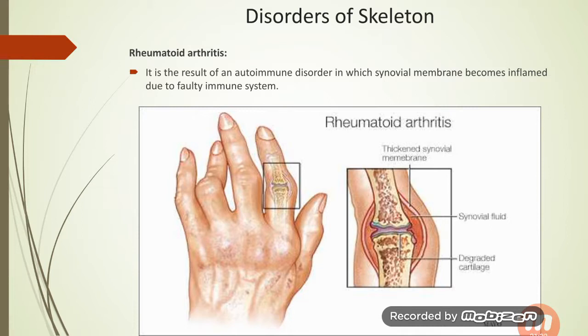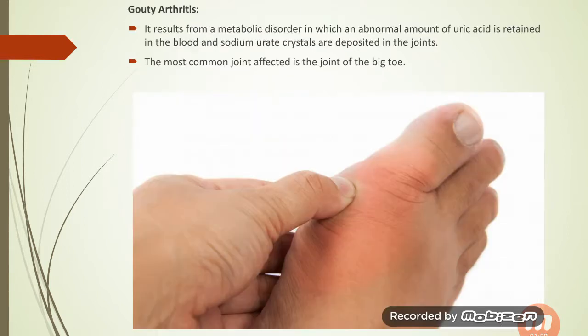You can see the synovial membrane has thickened or inflamed, and you can see the degraded cartilage in the diagram, which results in rheumatoid arthritis, and the bones or the joints have been deformed or deshaped.